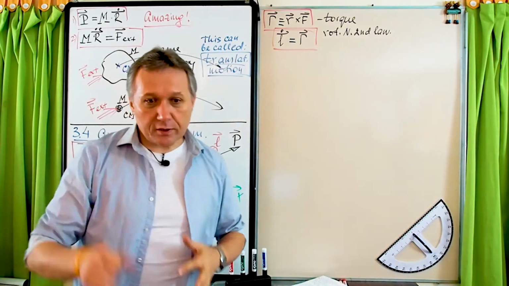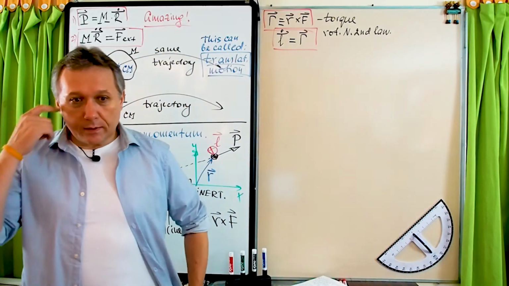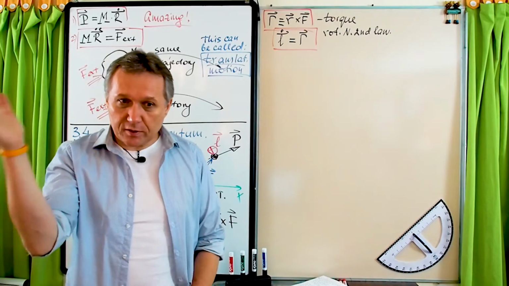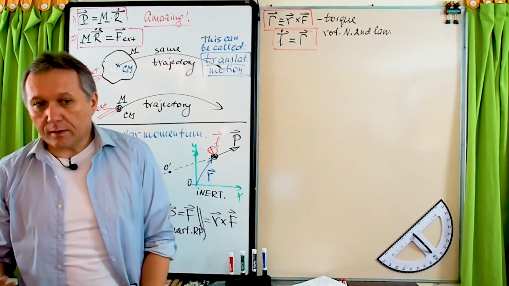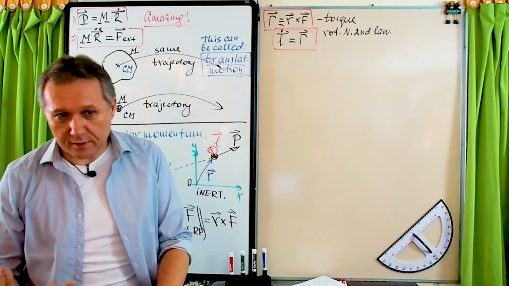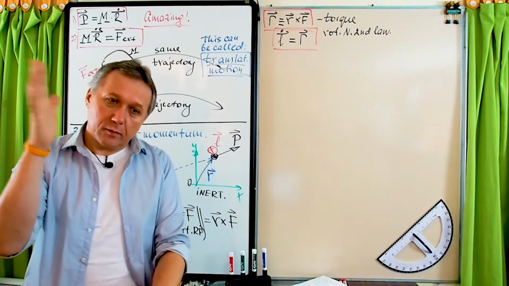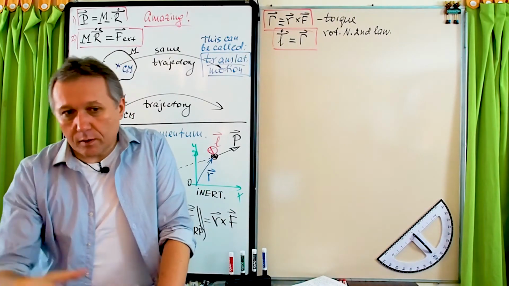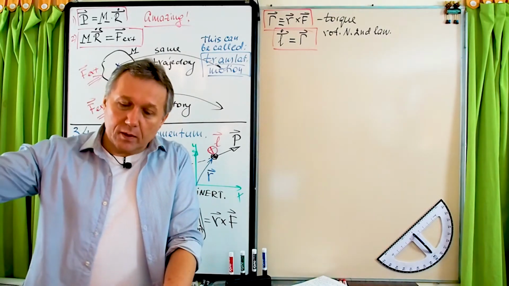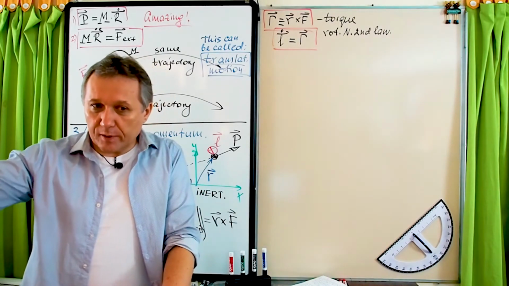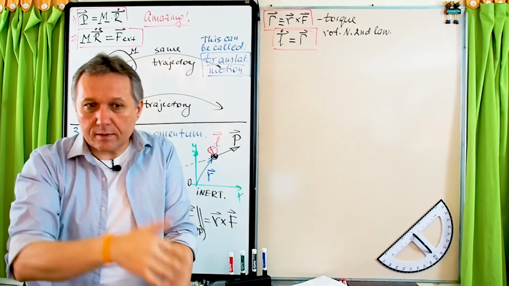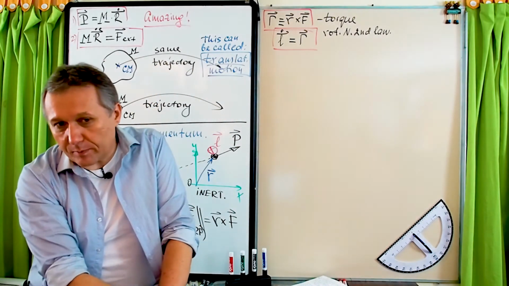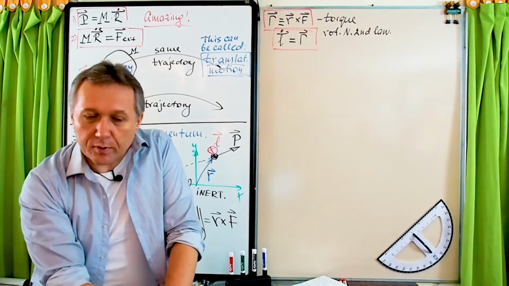So, position vector. As the position vector moves, of course, it sweeps out some areas, and the areal velocities are the same. Basically, the area swept by the position vector over here, for example, over a period of time delta t, will be exactly the same as when the planet is over here, over the same period of time delta t.